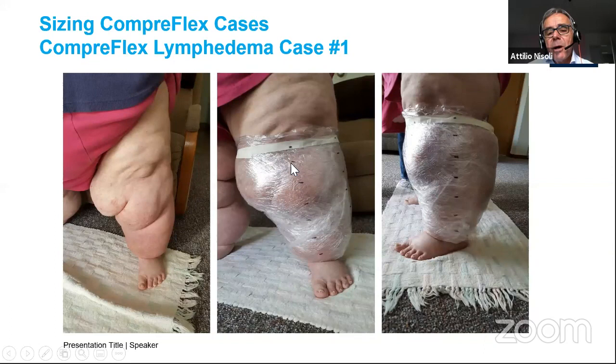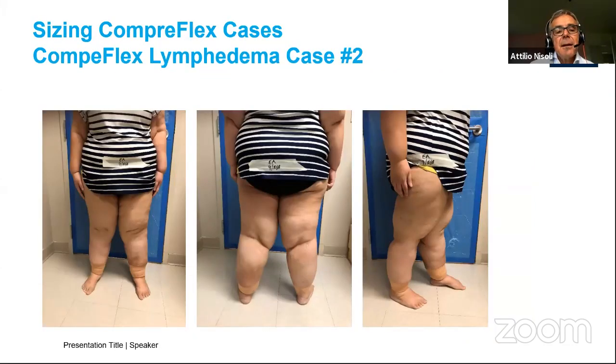You can see the marks on this Glad foil, and so they could measure much more easily. Then they determined the correct size of the inelastic wraps, and they took off the Glad foil. So there are different ways to do it, but I think this just gives a bit of an idea of what is possible.